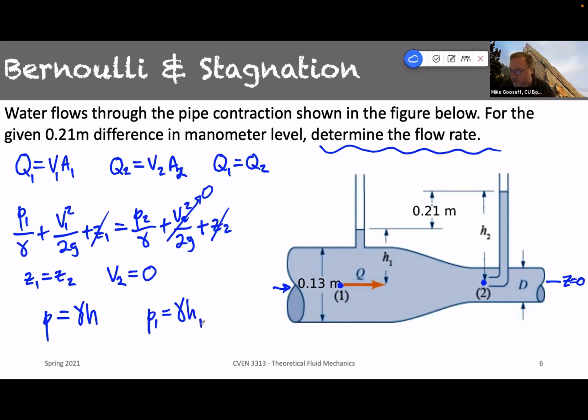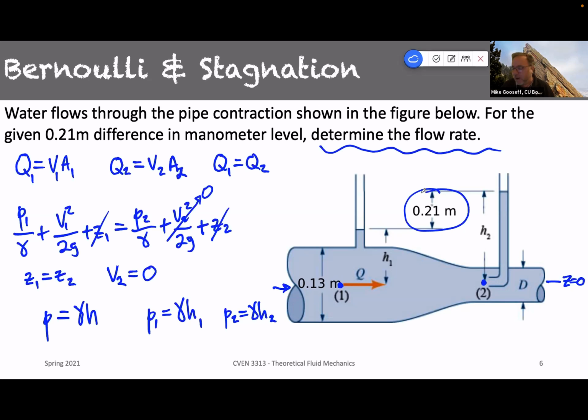We can also then say that P2 is equal to gamma times H2. So we don't know what those values are, but we can plug both of these representations for pressure into the Bernoulli equation to eventually figure out this H2 minus H1 for this 0.21 that will help inform the problem here.